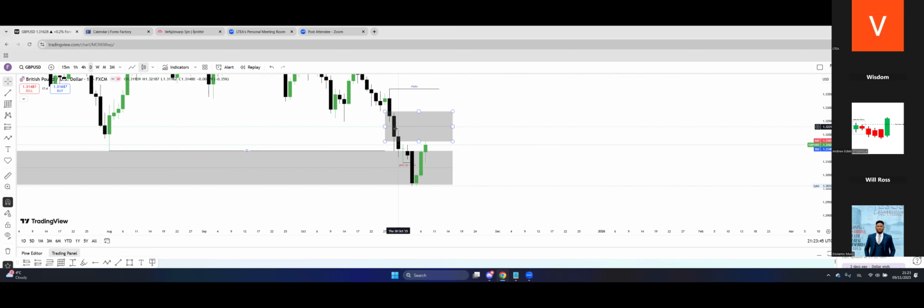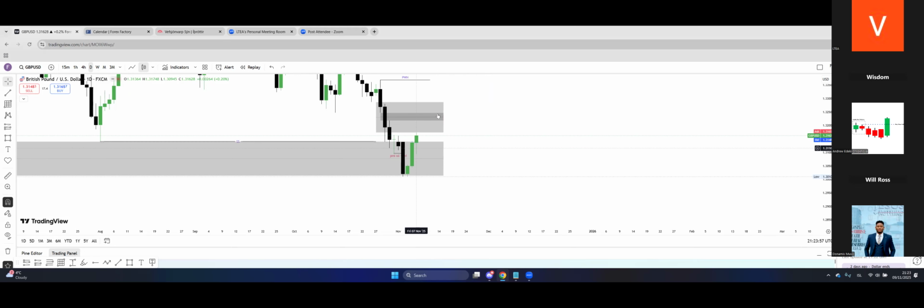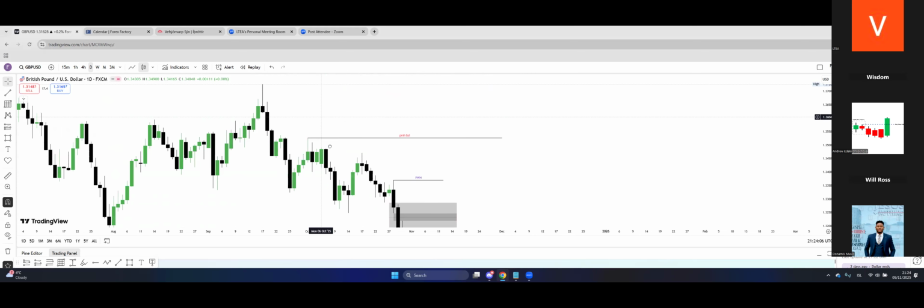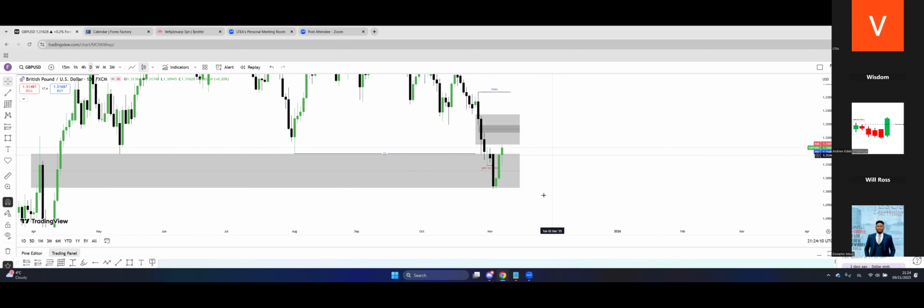So we also have daily inefficiency inside the weekly inefficiency right there. Which means double inefficiency, weekly and daily. Like I said, I would like to see price trade into this area. Then from here, I will see if price wants to go higher for more liquidity, we have a lot to the overall, or price wants to continue going down.